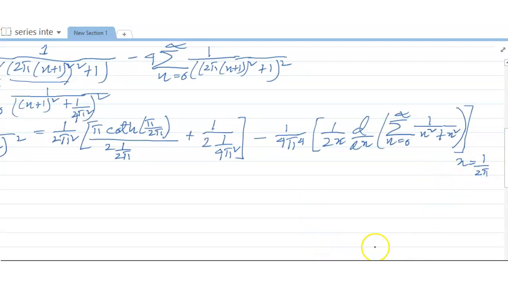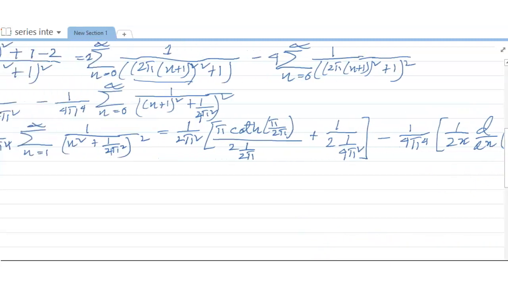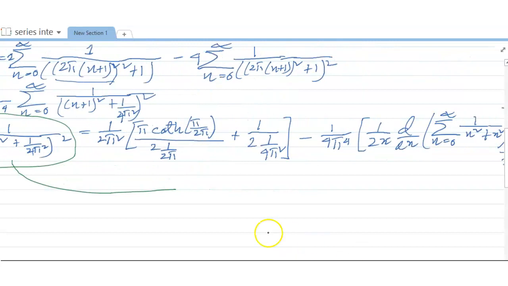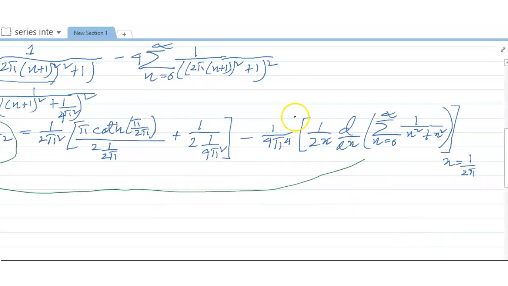It can be written this way. You can see that I apply this formula, this portion can be written into this way. This portion can be written into this way. Very simple, friends. I hope you can understand.